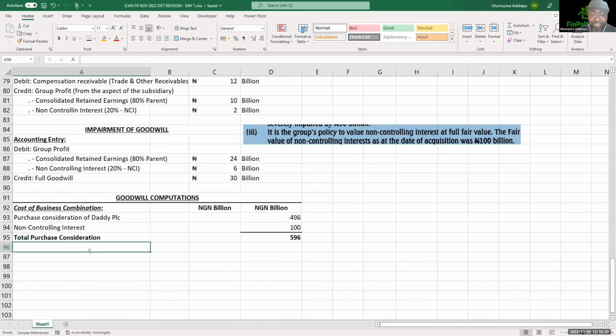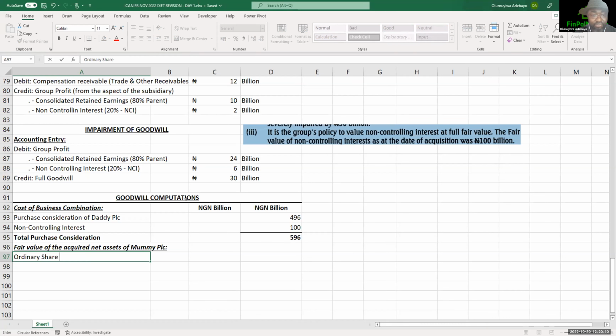Now, what is the fair value of the acquired net assets of Omni PLC? We'll start with the ordinary share capital and the pre-acquisition retained earnings.